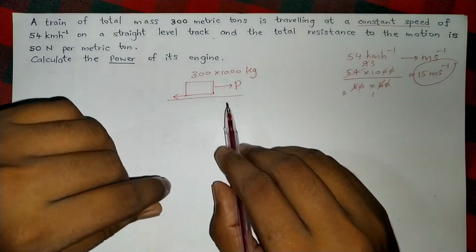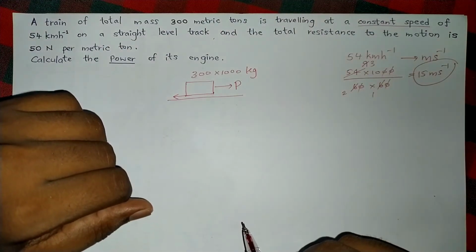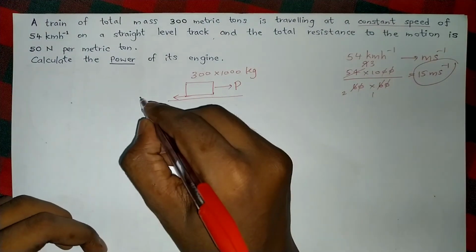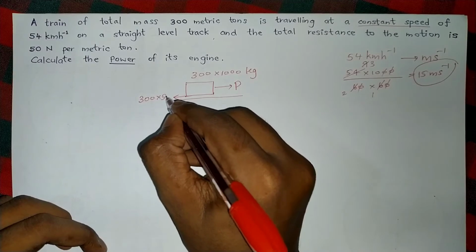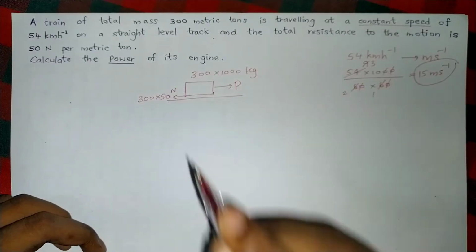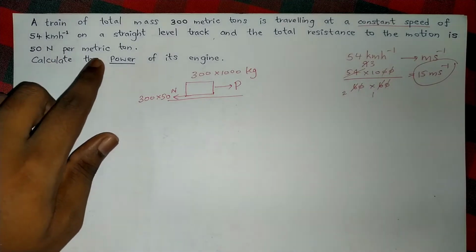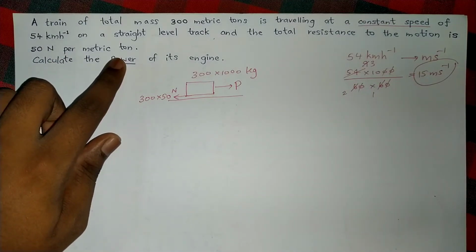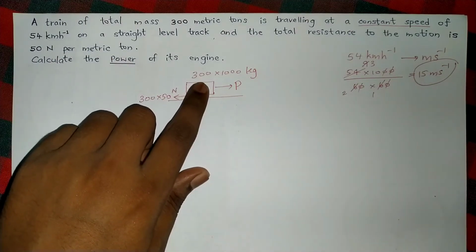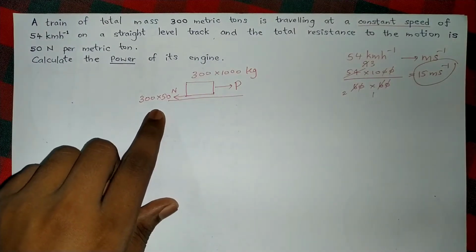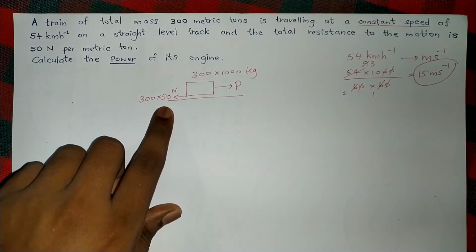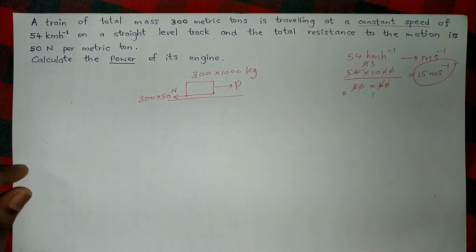So the train engine has a total of 300 metric ton. So 300 into 50 will be the total resistance. The entire mass is 300 metric tons, so the total resistance is total mass into 50, 300 into 50.